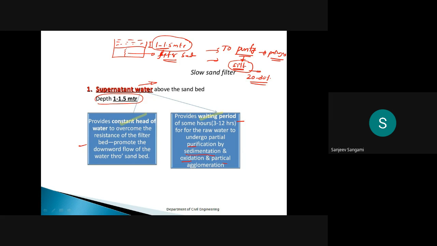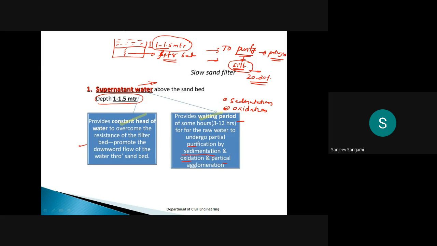Then when you keep this for about half an hour or 1 hour at this height, it undergoes the sedimentation process, and second, oxidation. It is very important.